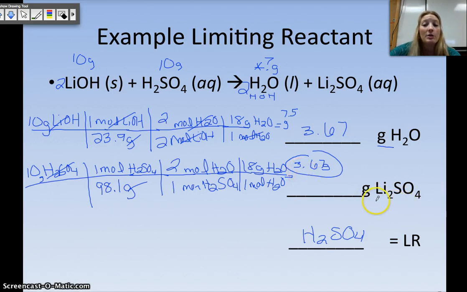So now to figure out how much lithium sulfate we can make, we can take our 10 grams of H2SO4, because we know that that is our limiting reactant, and now we can find how many grams of Li2SO4.